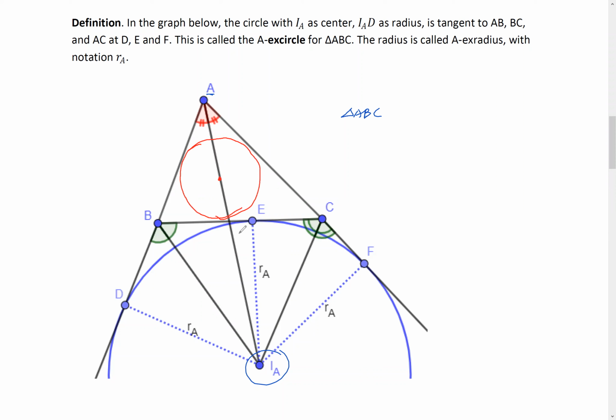Now I can draw a much bigger one, the excircle, which is also tangent to all three sides. Now that's interesting, no? Is there any relationship between this circle and this one? Probably there is. Also, what's the value of RA? Like we could calculate R.